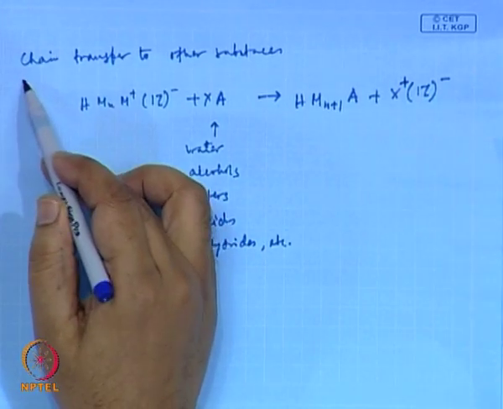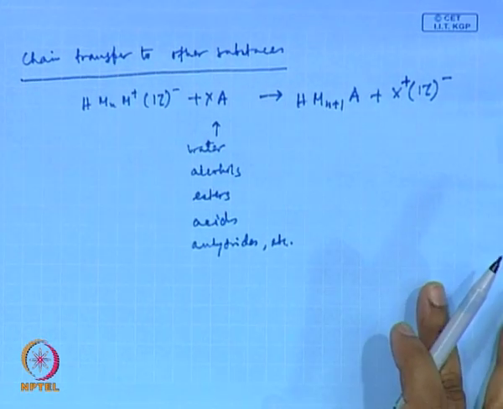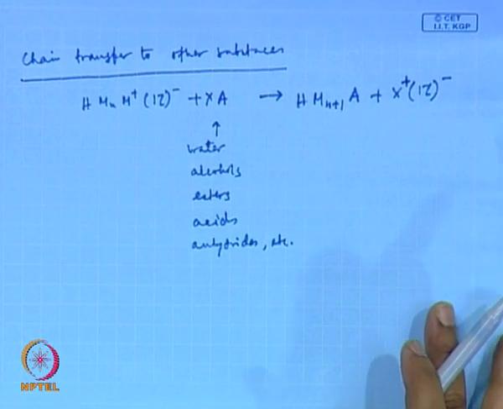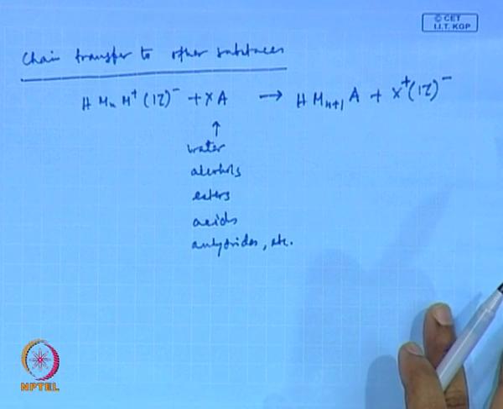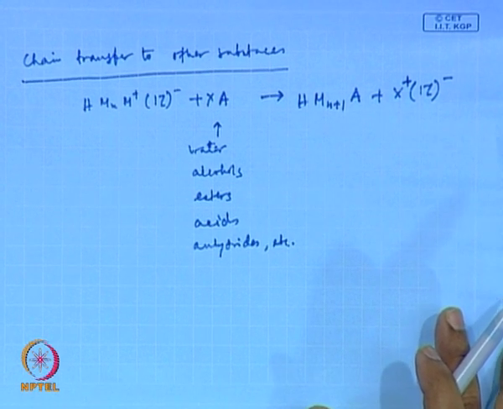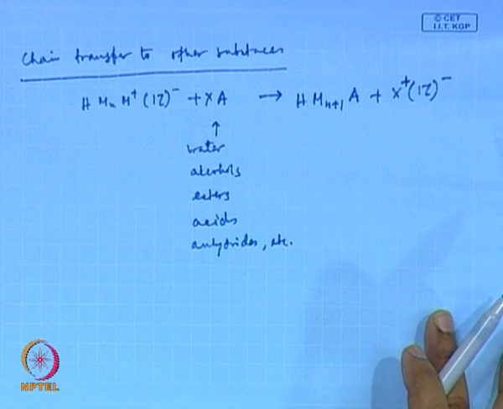Chain transfer can also be possible to other substances, whether they are present as impurities or you have added them deliberately as a chain transfer agent to control the molecular weight.